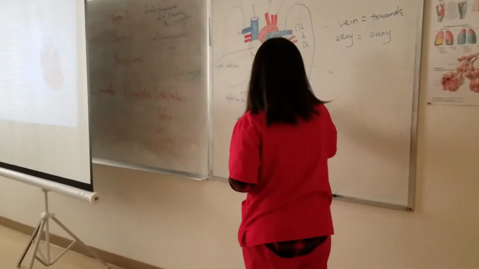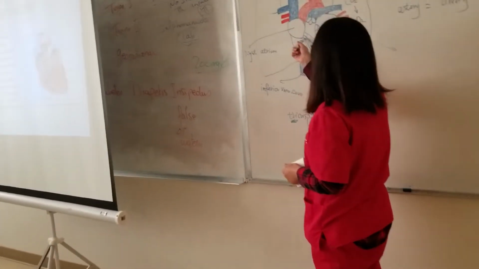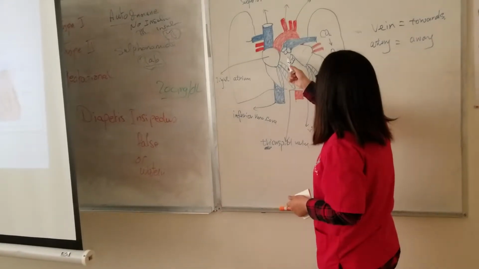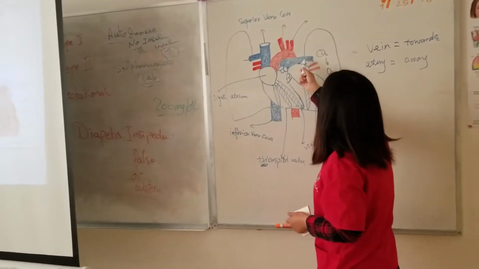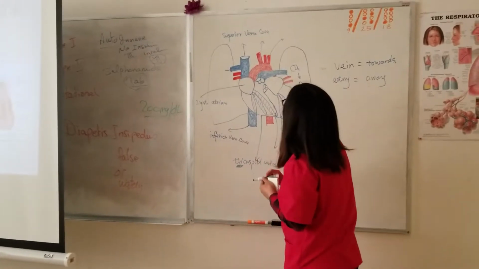And then when the right ventricle contracts, this valve closes, and the blood goes through the pulmonary valve.